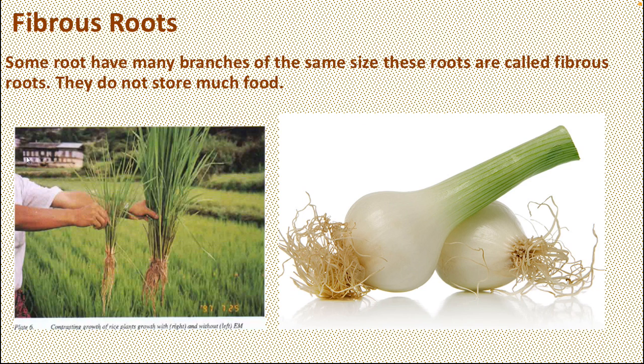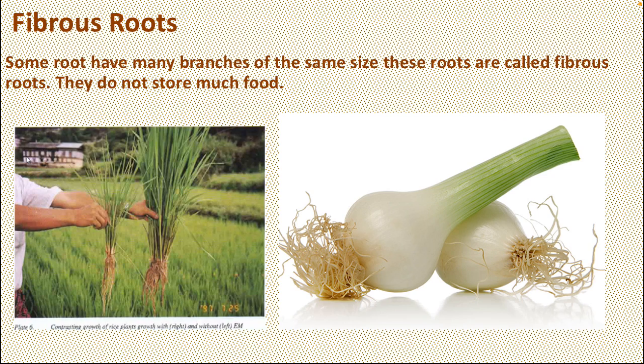Fibrous roots, on the other hand, are bushy roots in which thin, moderately branching roots grow from the stem. This is the rice plant, and you can see how thin and how bushy their roots are, and they are so weak. Some examples are onion, rice, wheat, banana.